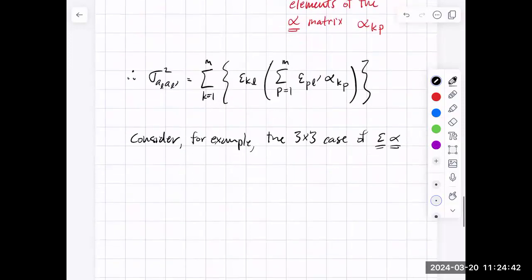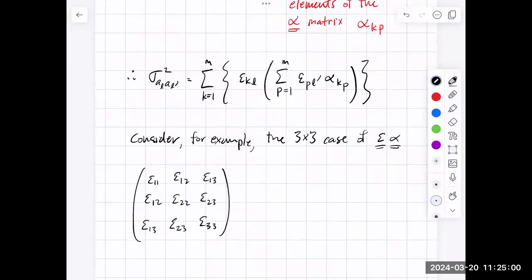Okay, we'll have a bunch of writing here, but we're going to have epsilon 1,1, epsilon 1,2, 1,3, 1,2, 2,2, 2,3, 1,3, 2,3, and 3,3, and then we're going to take a product with alpha 1,3, 1,2, 2,2, 2,3, 1,3, 2,3, and 3,3.